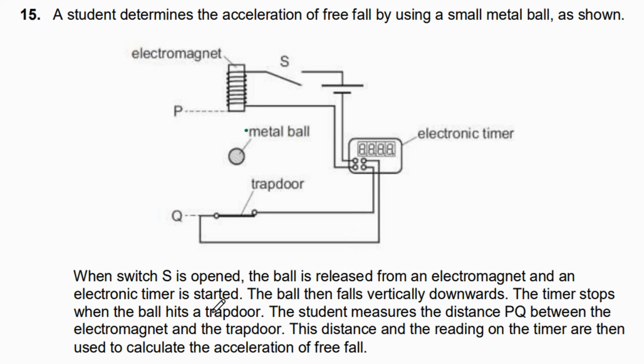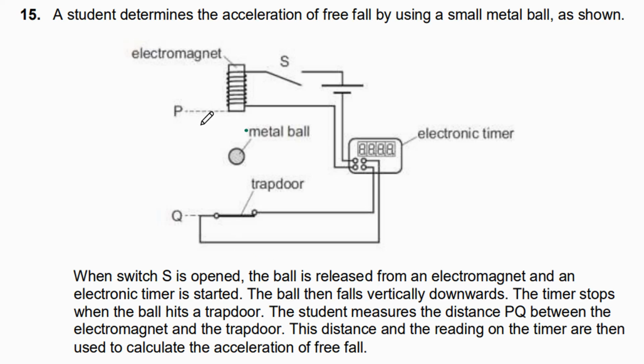The timer stops when the ball hits the trapdoor. The student measures the distance PQ, so this distance between the electromagnet and the trapdoor. This distance and the reading on the timer are then used to calculate the acceleration of free fall.